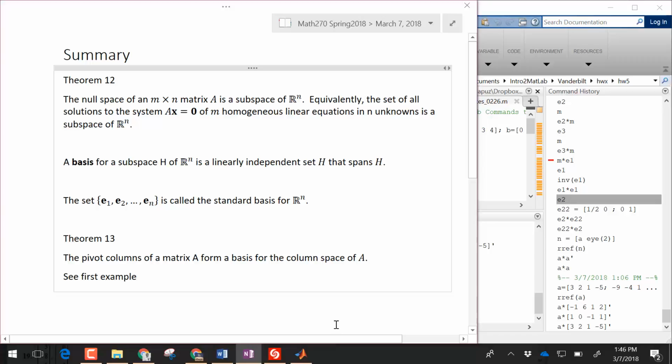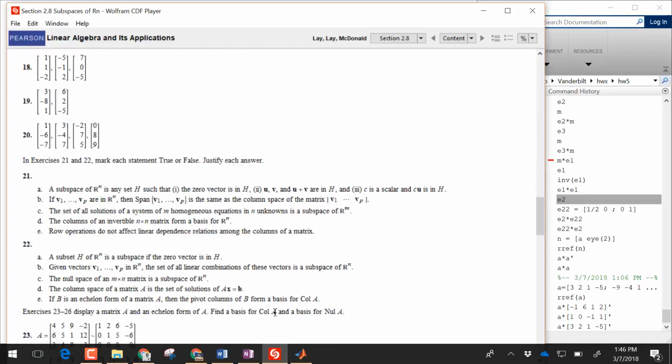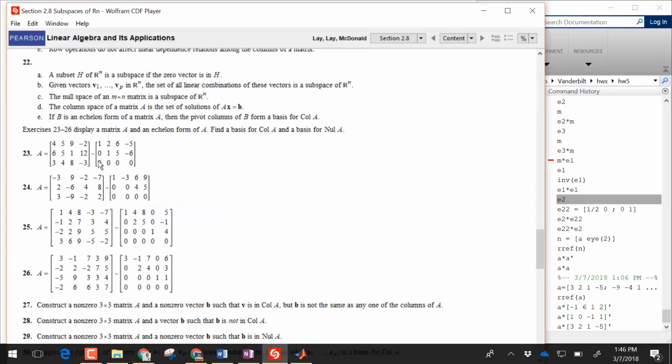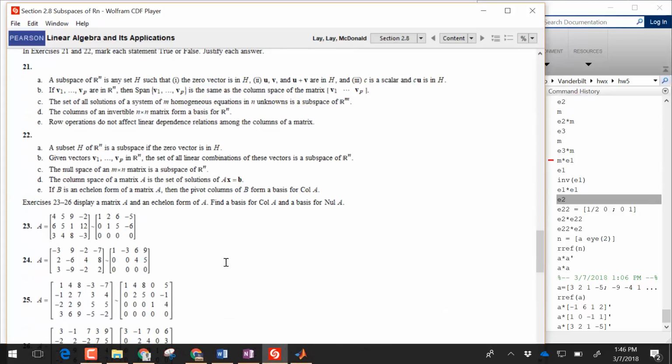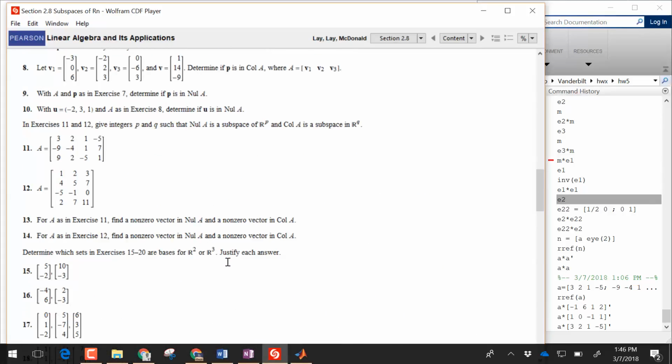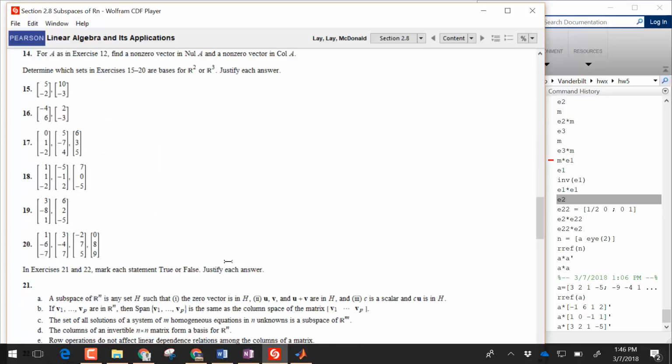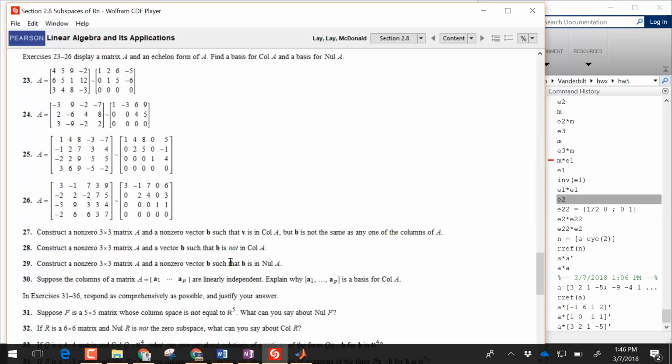All right, let's see if we can do another one. These are all larger. I want it to go R3. All right, if we can't go small, let's go big.